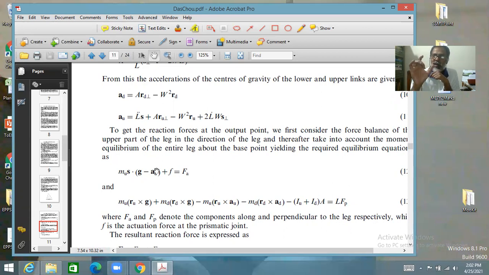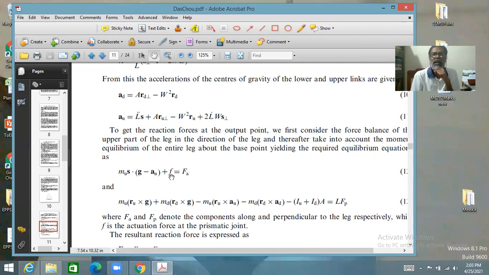We are considering the equilibrium of the upper part of the leg, not equilibrium, basically dynamics. Okay, and taking its component along the leg. So we get the force given by this leg to the platform along the leg. Okay, this expression.